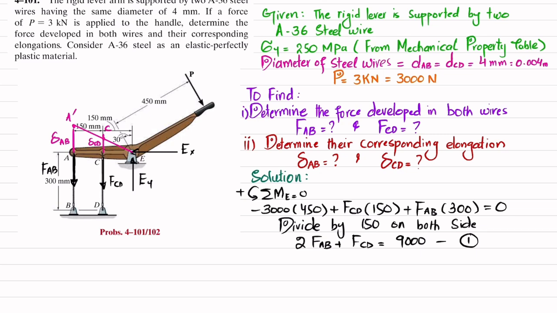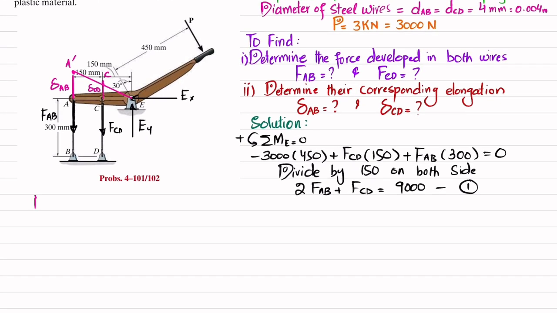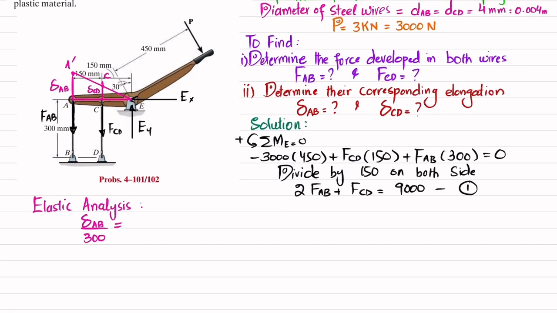Now we will perform another analysis, that is elastic analysis. We have assumed that these wires are elastic perfectly plastic material. You can see that there are two similar triangles, one is this one and another is this one. If we take the ratio of their sides, the change in length of AB divided by the total length, which is 300 millimeter, will be equal to delta CD divided by 150.